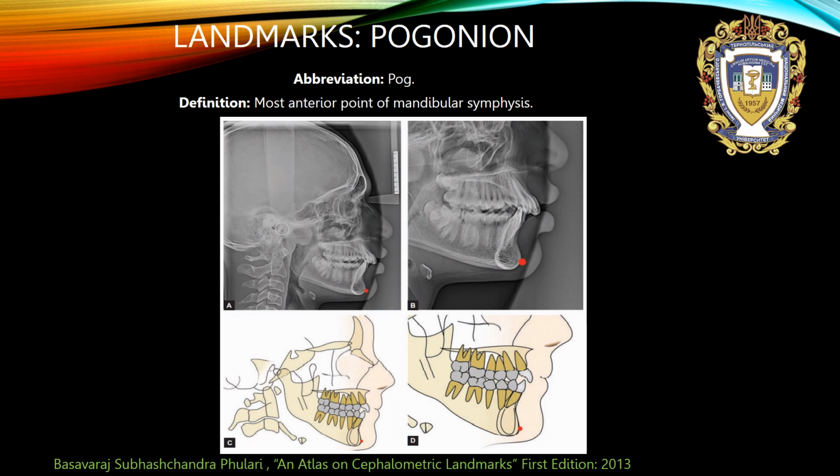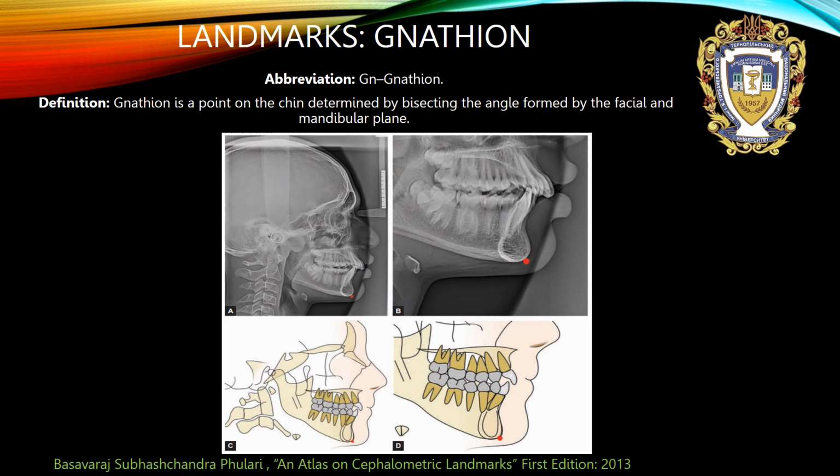Pogonion point, most anterior point of mandibular symphysis. Gnathion point is a point on the chin determined by bisecting the angle formed by the facial and mandibular plane.